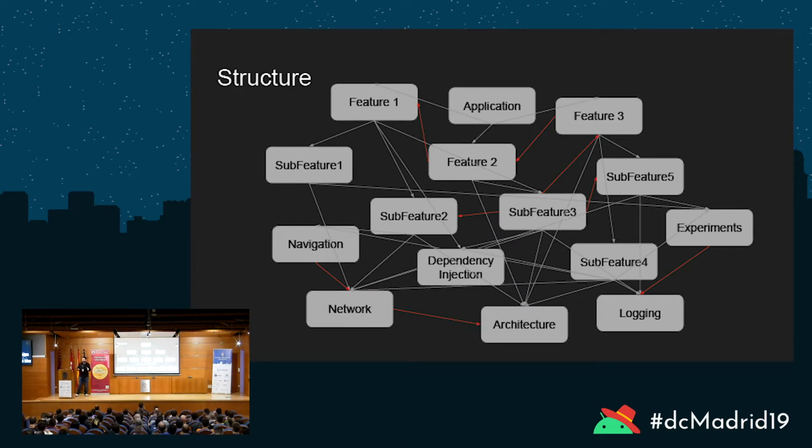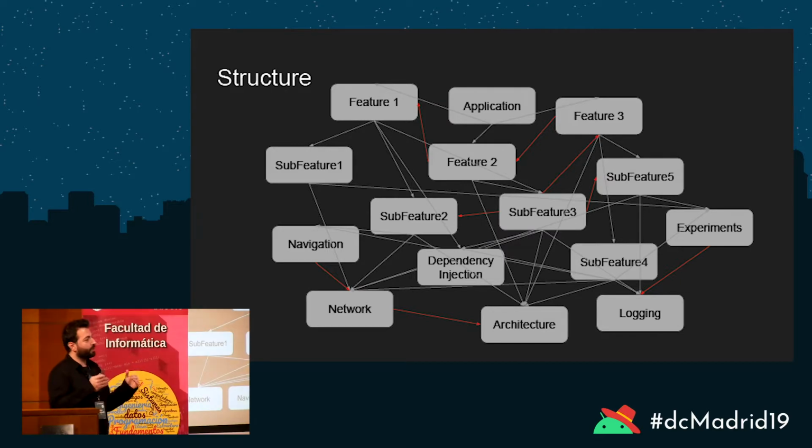So let's first analyze what we see here. We have an application, features, sub-features, and some shared code, right? But there is somehow a structure. There are invisible layers here.